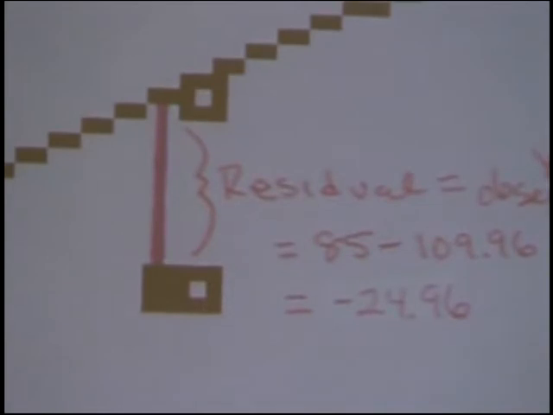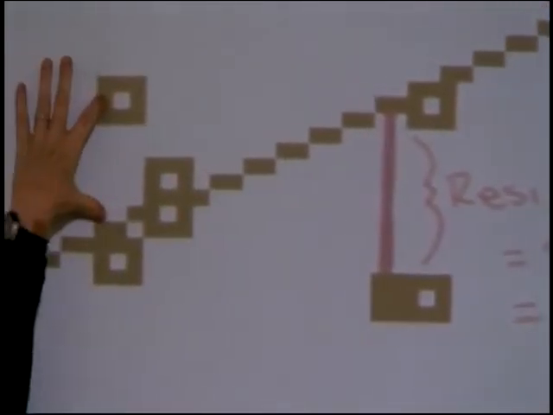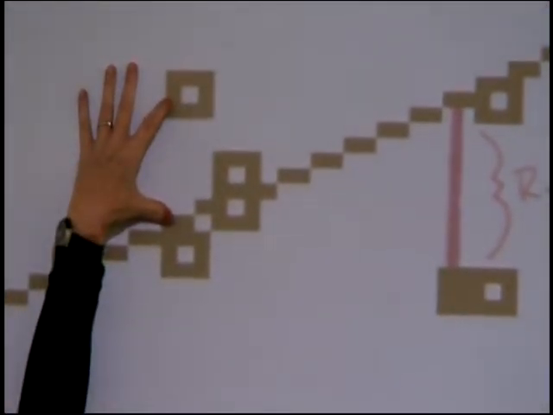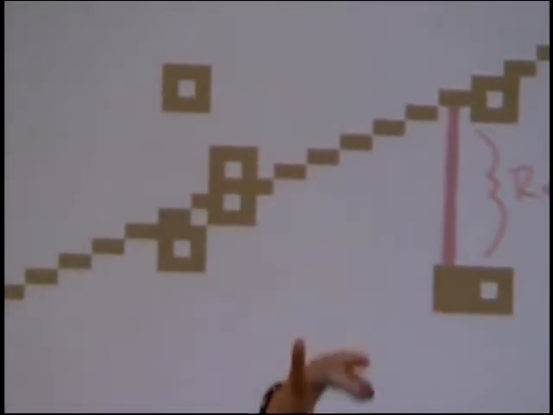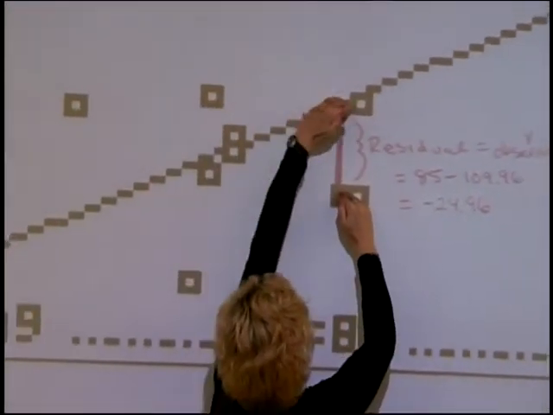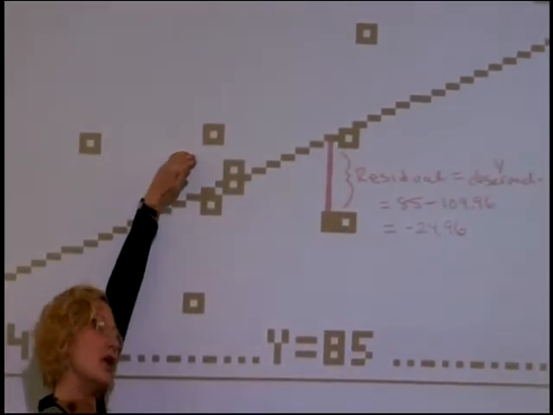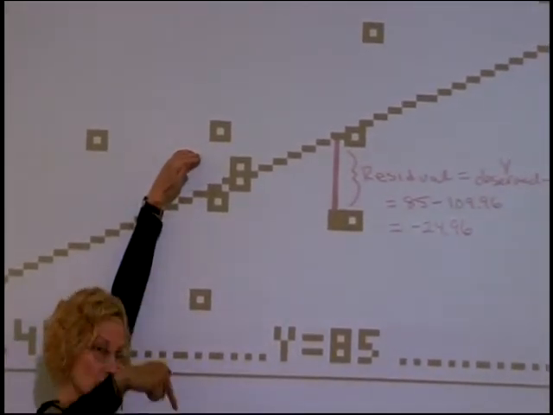When your data value is above the line, your residual will be positive. Okay? Now, here is the actual y value. Here is the estimated y value. So is this an overestimation or an underestimation?